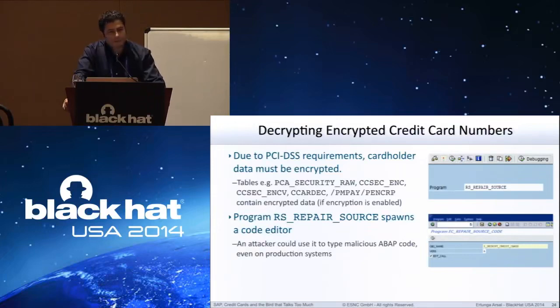But even on production systems, there is an SAP functionality called RS repair source, which you can use to create a new program in the SAP system, if you have the right access, of course. So the attacker can create a new program that decrypts credit cards and then decrypt all the credit card numbers which are encrypted in the system. So this is possible.